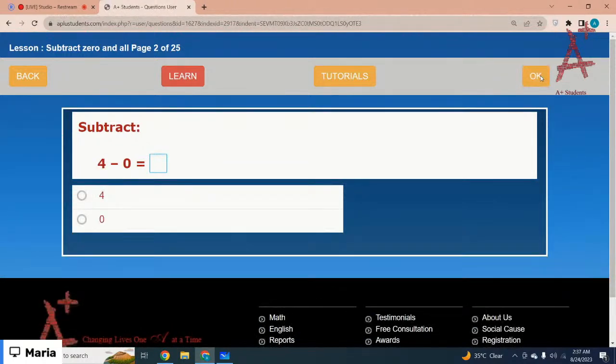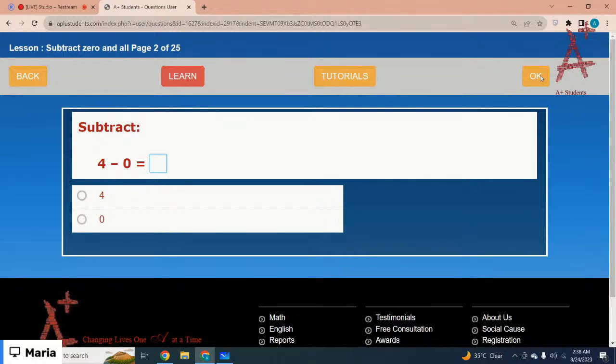4 take away 0 equals... When you subtract 0 from a number, the number stays the same.